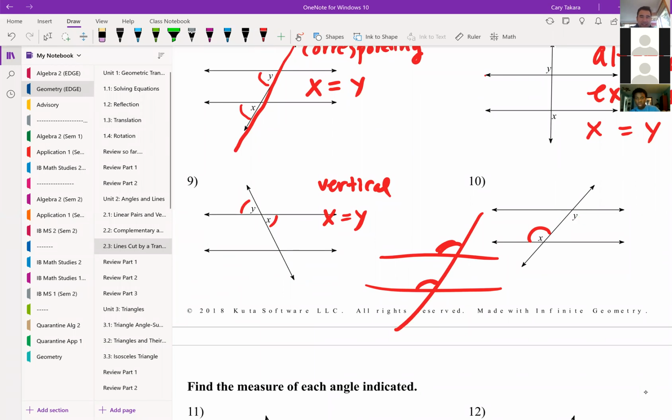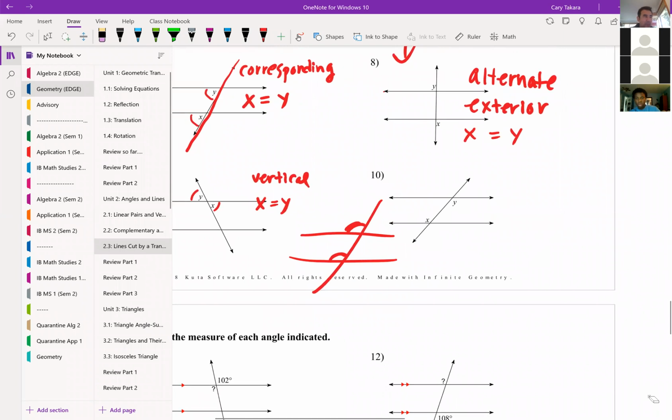So this is not corresponding angles. But they are, again, inside. And one is on the left side and one is on the right side. So that's alternate interior angles.